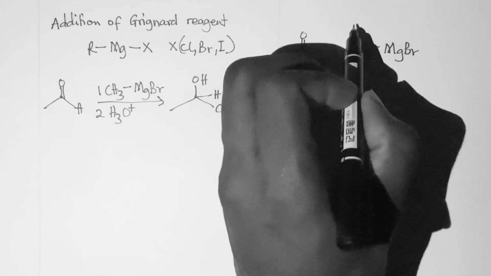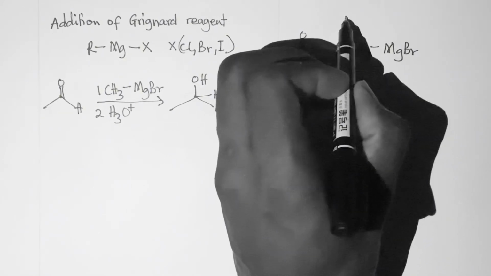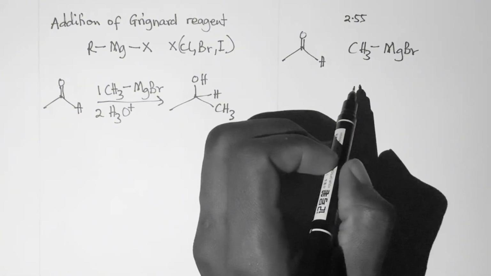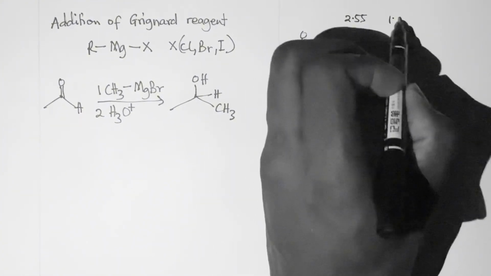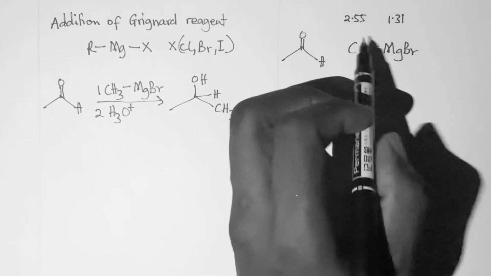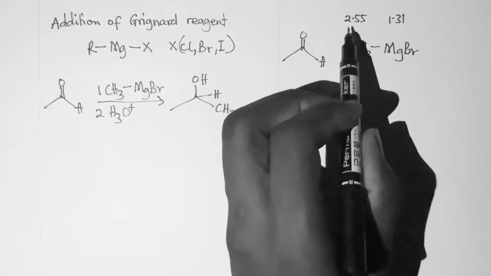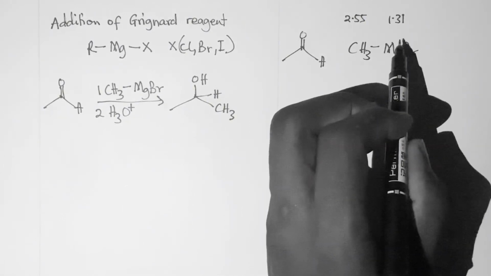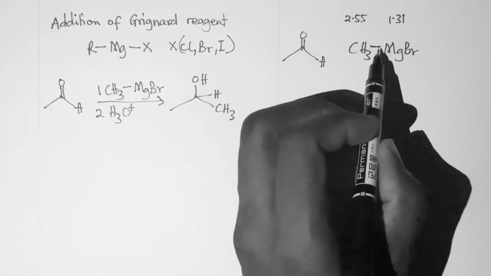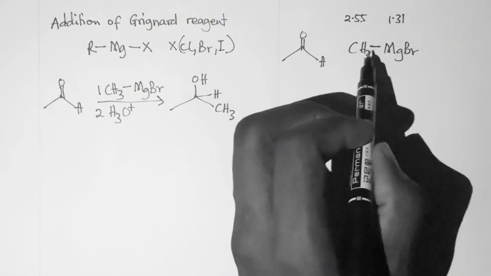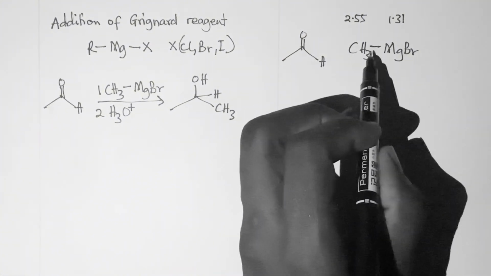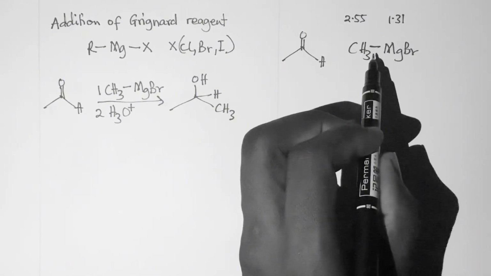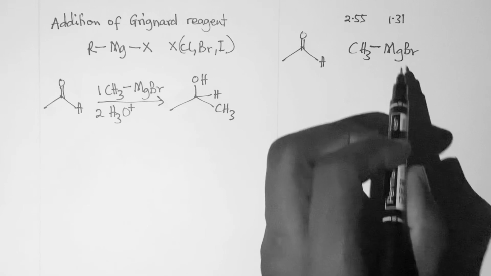Now, the electronegativity of carbon is 2.55, and the electronegativity of magnesium is 1.31. If we check these two values, you see that the electronegativity of carbon is far greater than the electronegativity of magnesium. What it means is that the electrons in this bond are more pulled towards the carbon than the magnesium, and therefore the carbon is more nucleophilic than the magnesium.